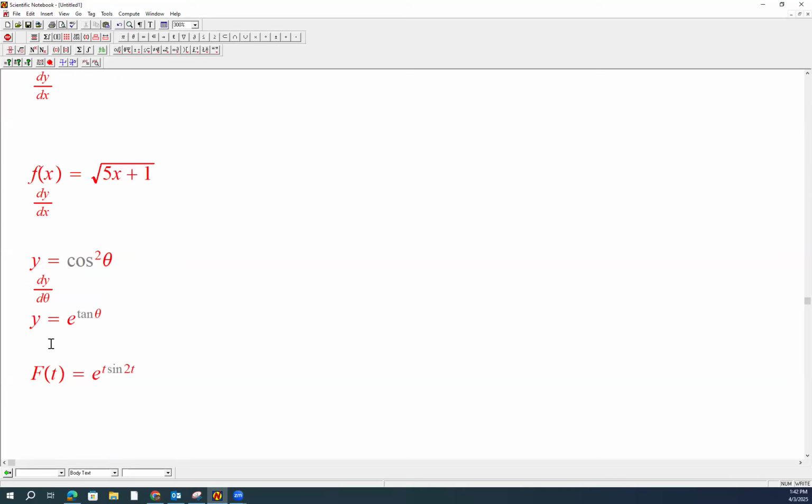And in the fourth question, it will also be dy d theta. And you have to honor that. So this will be dy dt. You have to pay attention to the variable that varies.